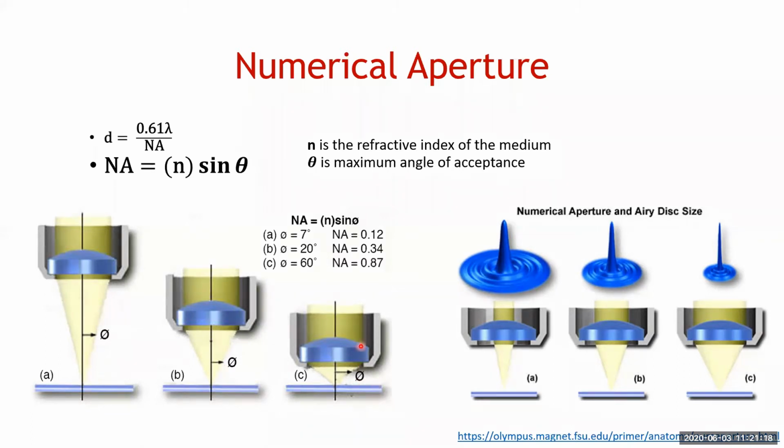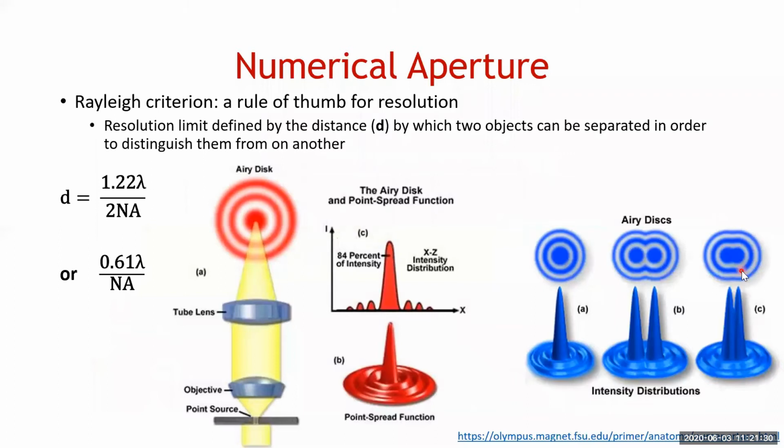In terms of airy disk, as you increase numerical aperture, your zero order or your entire airy disk is now shrunk down. So going back to the previous slide, if you had used a higher numerical aperture lens, you would probably be able to tell the difference between these two, at least separate them enough that you can resolve them.